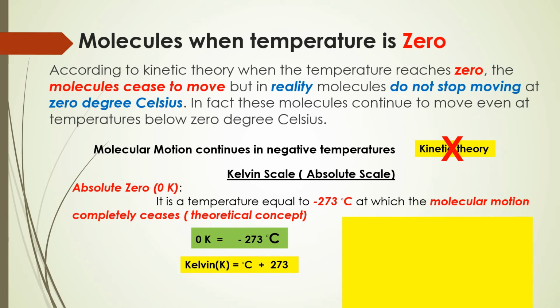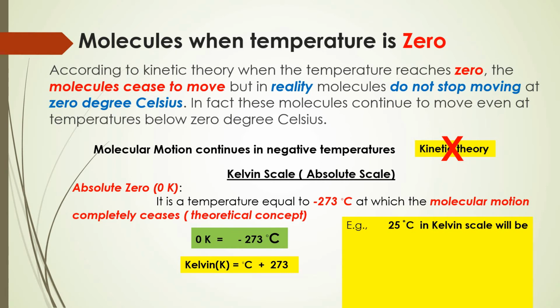Therefore, the relation between Kelvin and degrees Celsius is: Kelvin is equal to degrees Celsius plus 273. That means, in order to convert the Celsius scale to the Kelvin scale, we just add 273 to the Celsius reading. Let us understand this by taking one example. Suppose the temperature in Celsius scale is 25 degrees Celsius.